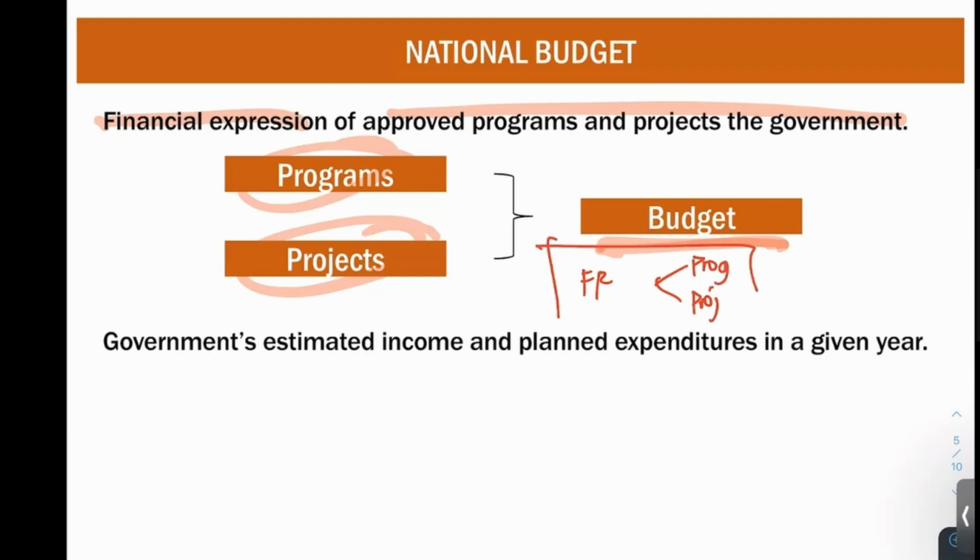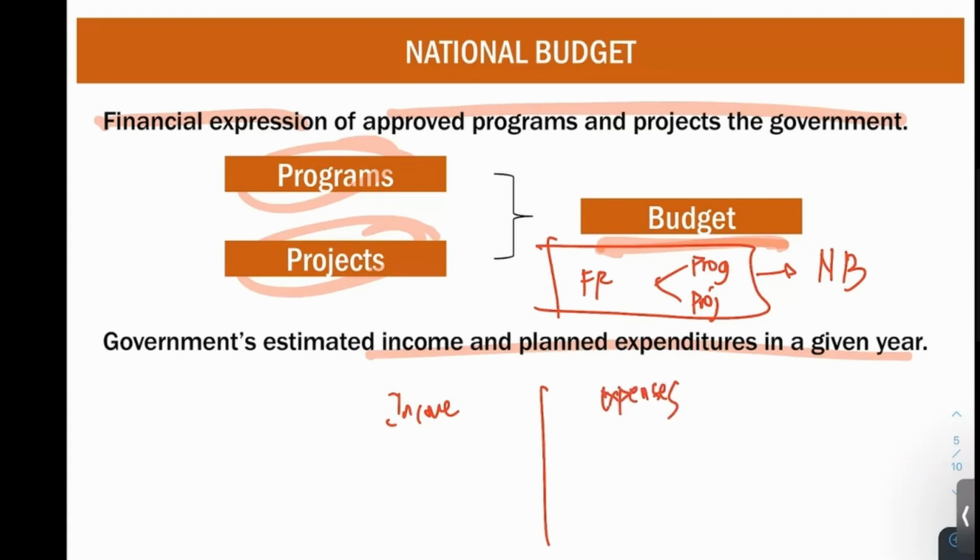So this is known as your national budget. Actually, a national budget is the government's estimated income and planned expenditures in a given year. It also talks about income first, and then we have your expenses.